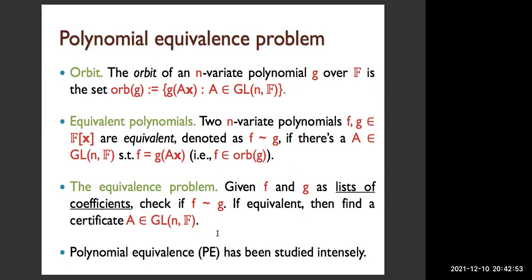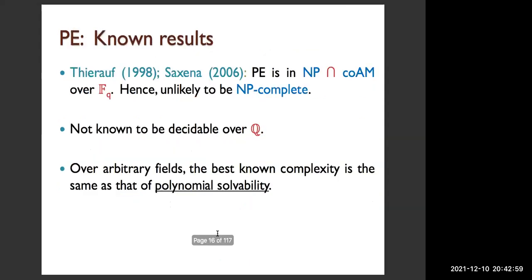And this problem has been studied intensely, just like the graph isomorphism problem. Well, not as intensely as maybe GI, but still we know quite a bit about this. For example, we know that the polynomial equivalence problem over finite fields lies in NP intersection coNP, and that means that it's unlikely to be NP-complete, not unless the polynomial hierarchy collapses.